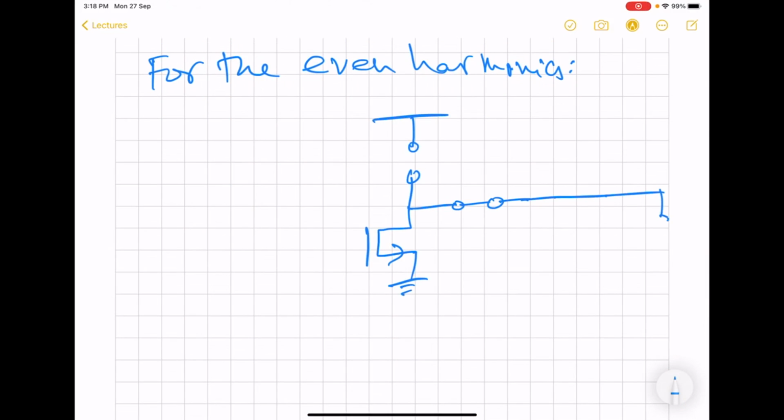So what happens is that this C for even harmonics will offer much less impedance. So all the even harmonics, they are going to flow through this path.